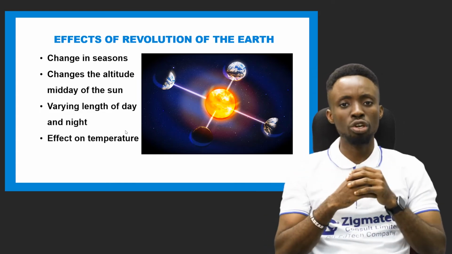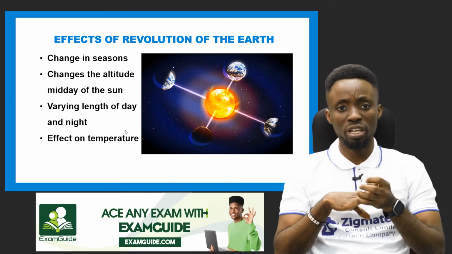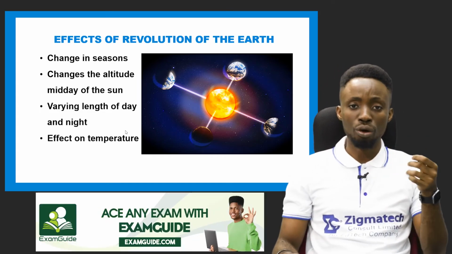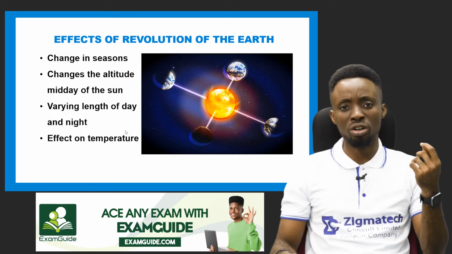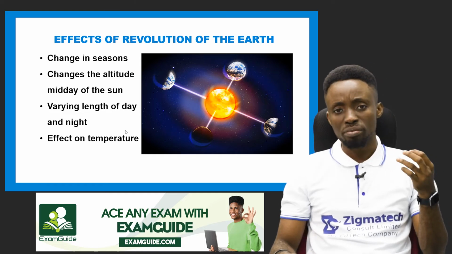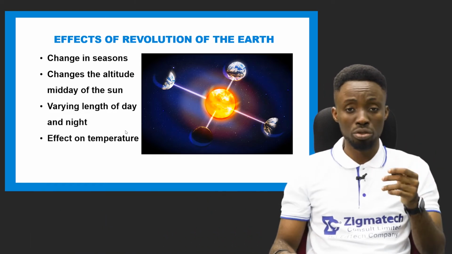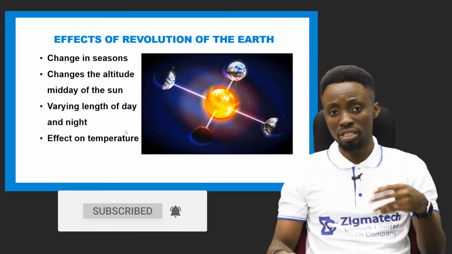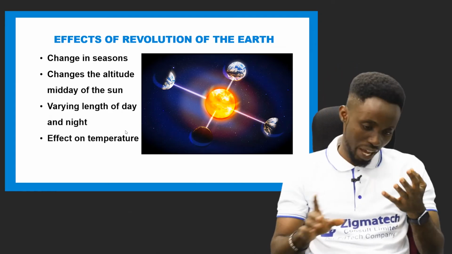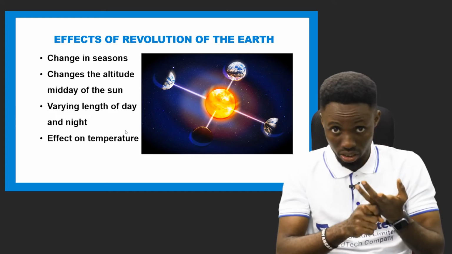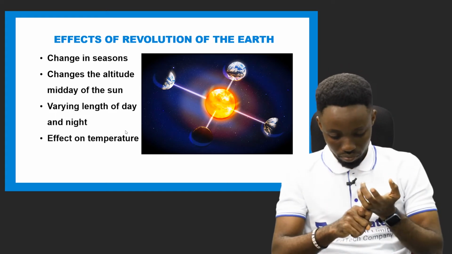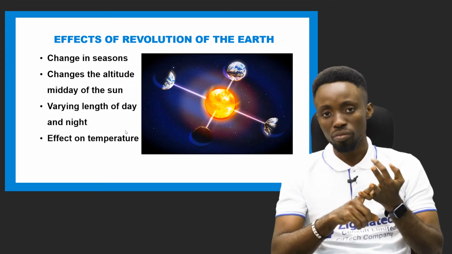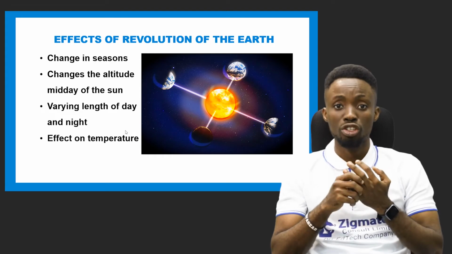Now, due to the movement of the Earth around the sun, we actually have four seasons, and these seasons are caused by the angle of inclination of the Earth to its orbit and the position of the Earth away from the sun. We have basically 4 major seasons in the world. We have the winter, we have the summer, we have the autumn, and we have the spring.